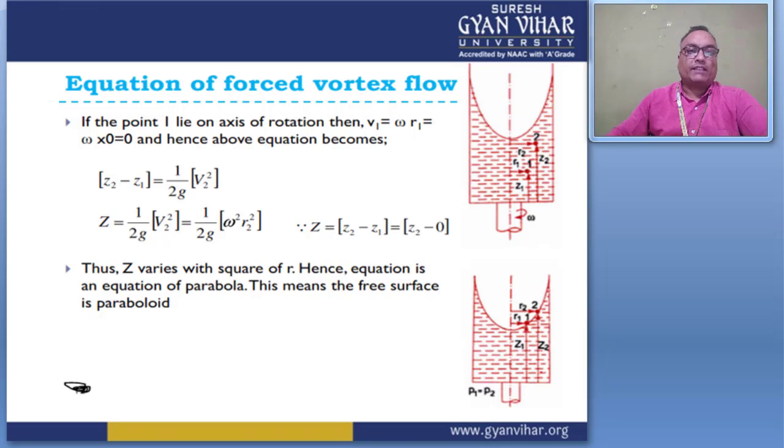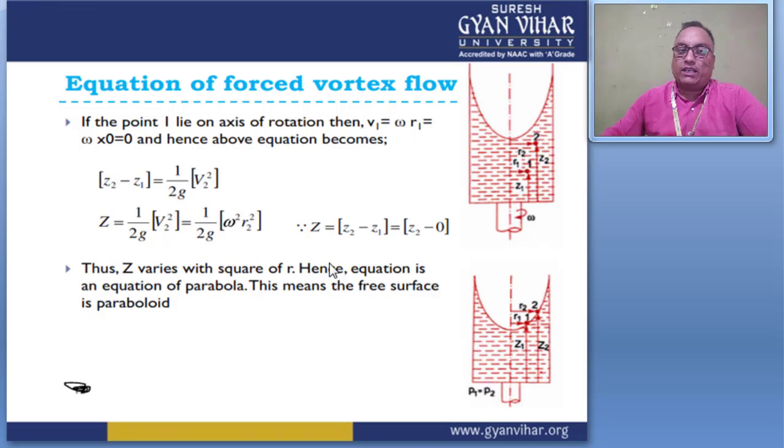For this case z1 is also 0. Thus z is directly proportional to r2². It means z varies with the square of r. Hence the equation becomes like a parabolic equation, and this means the free surface is a paraboloid.